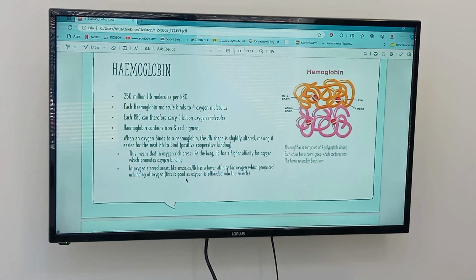This is good as oxygen is offloaded into the muscle. So when we practice in the gym or workout, as they say, you can consume a lot of oxygen, and a lot of oxygen will go directly to the muscles.